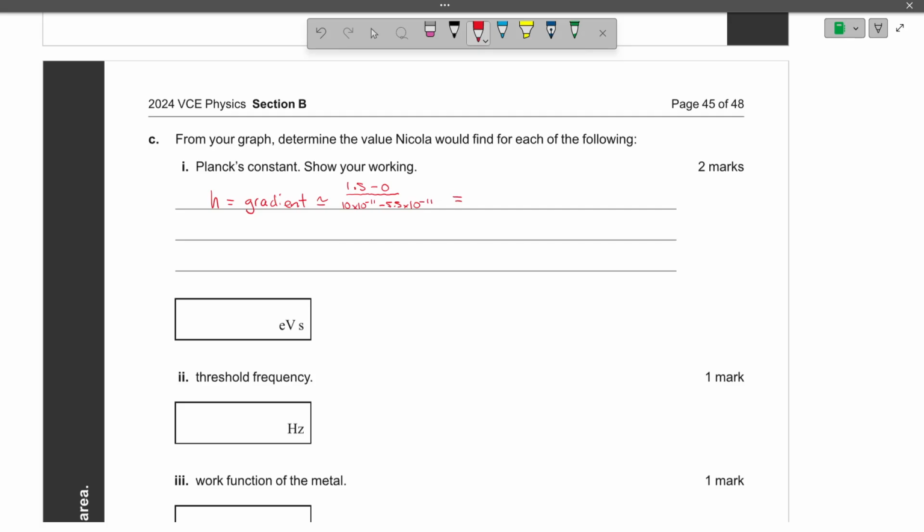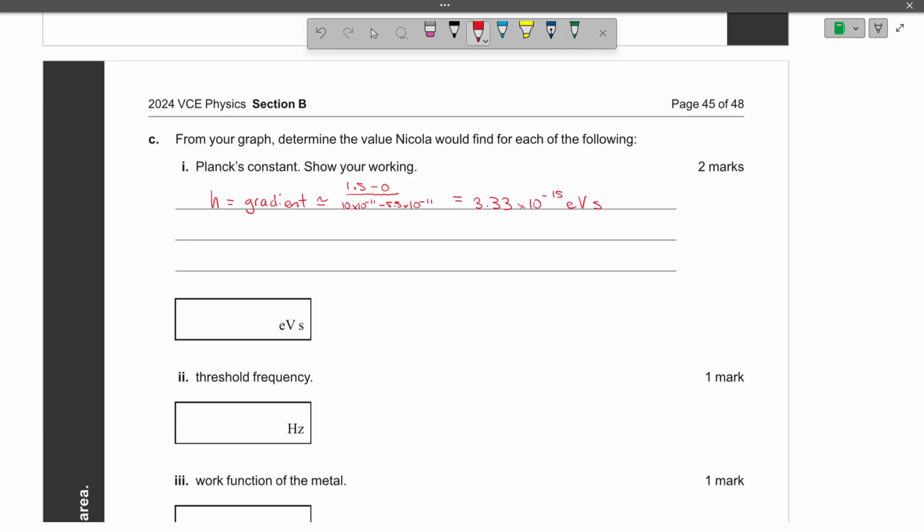Chuck it on a calculator, and that's 3.33 times 10 to the minus 15 electron volt seconds, which is not too crazy.